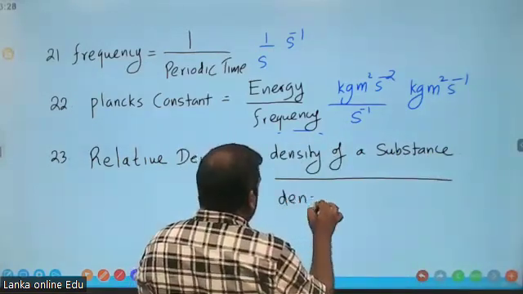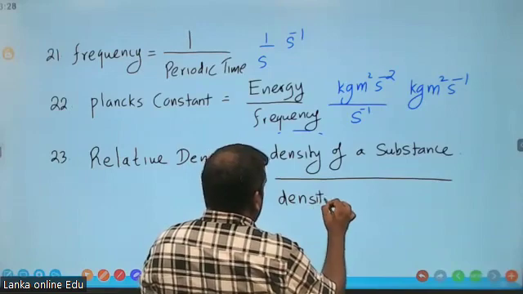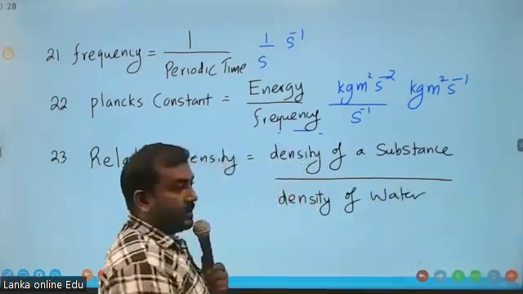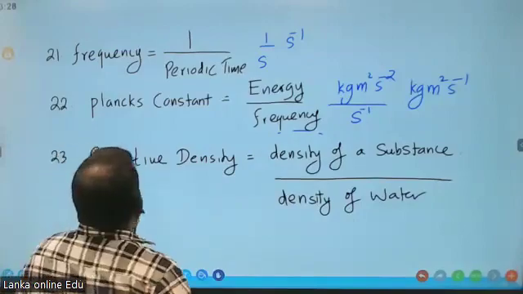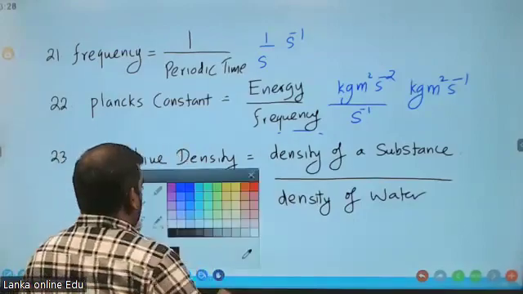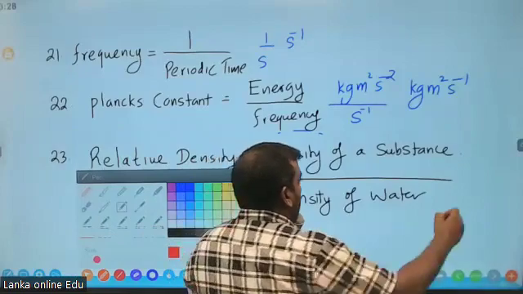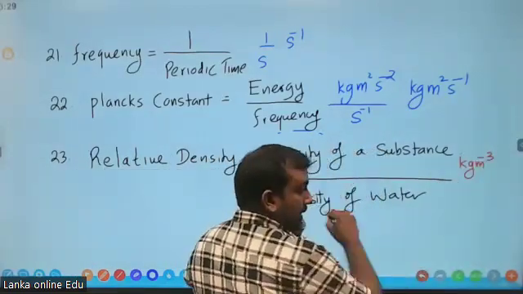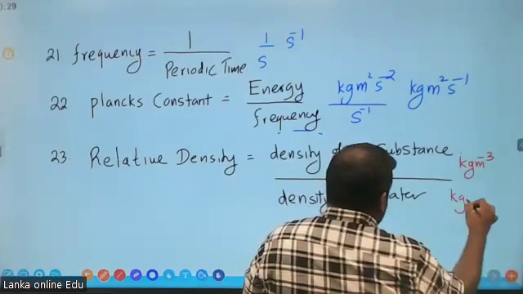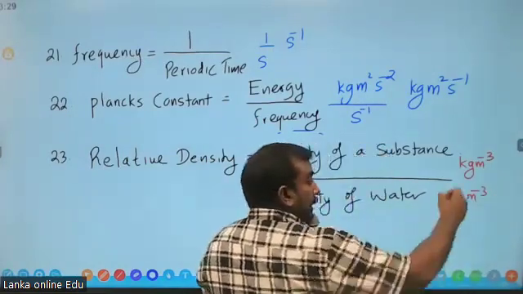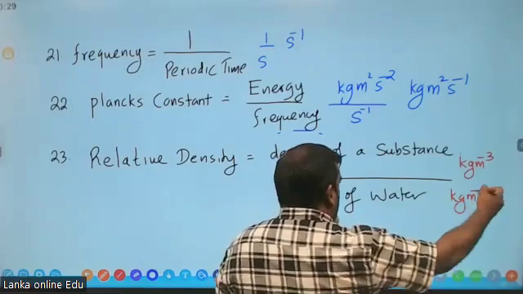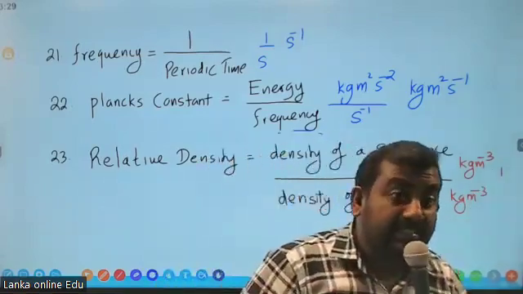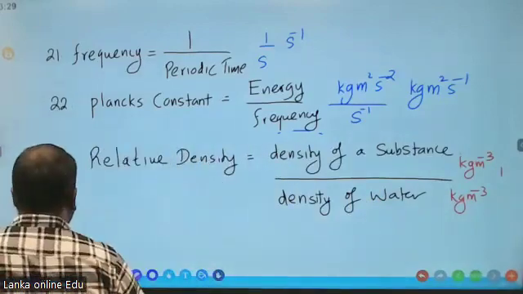When they say density, it's volume density. You know the units are kg m minus 3. Here also kg m minus 3. Kg m minus 3 and kg m minus 3 cancel off. It's 1. 1 means what? Unitless.